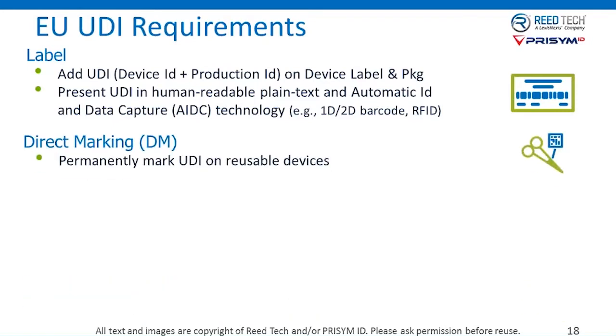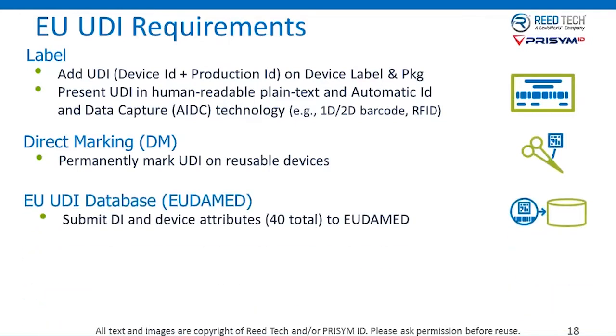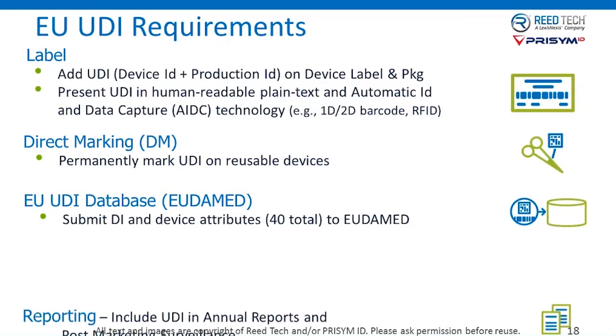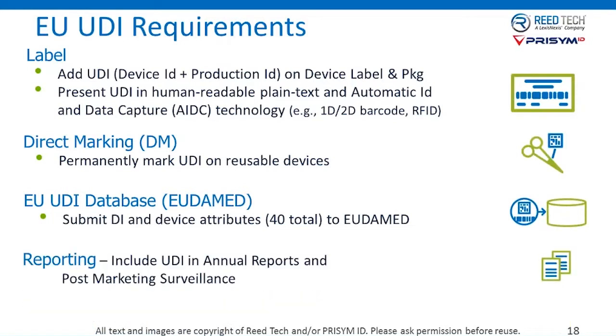And then there's a direct marking concept. Now for reusable devices, there's a database, which we had alluded to earlier, for storing and managing this information, making it publicly available. And there's also reporting, a lot of post-marketing surveillance and other types of activities where UDI would be included. So as you take a look at a very high level, there is a lot of similarities in what the EU regulation has to say.